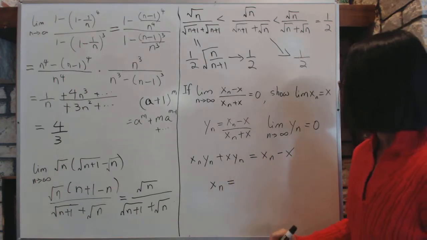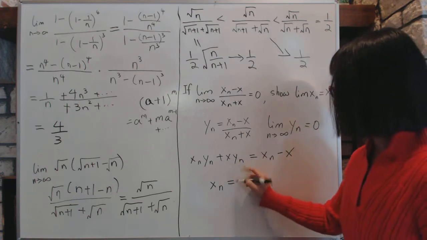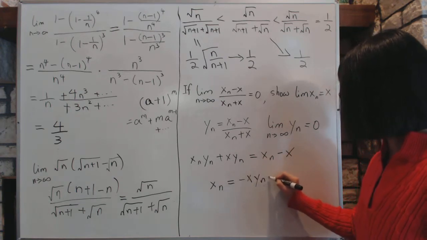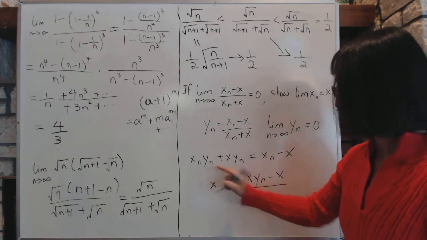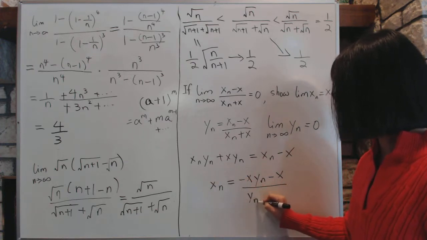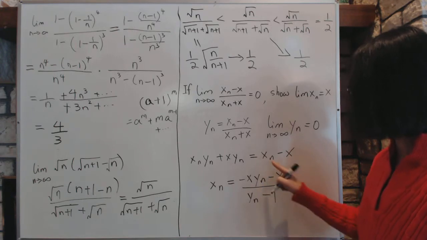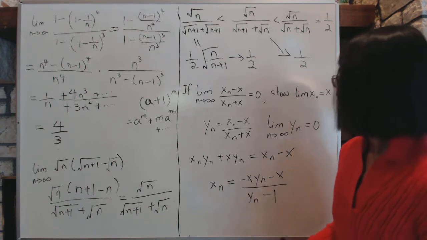First we'll do the stuff that doesn't have xn, which is move this over: minus x yn minus x, divided by yn, and then this is minus 1. If you move this over, it becomes yn minus 1.